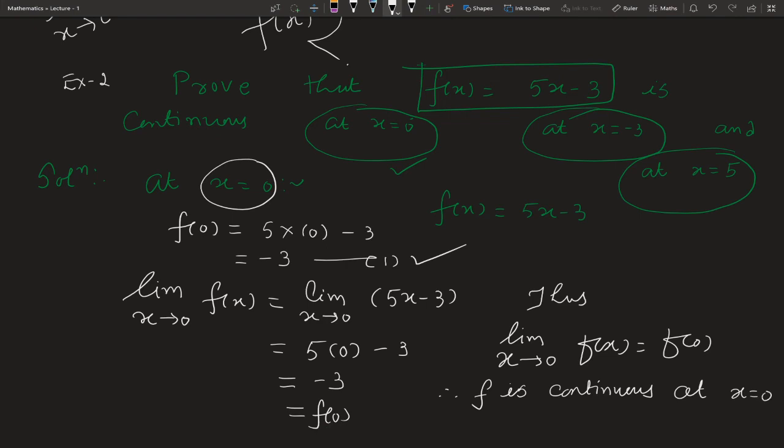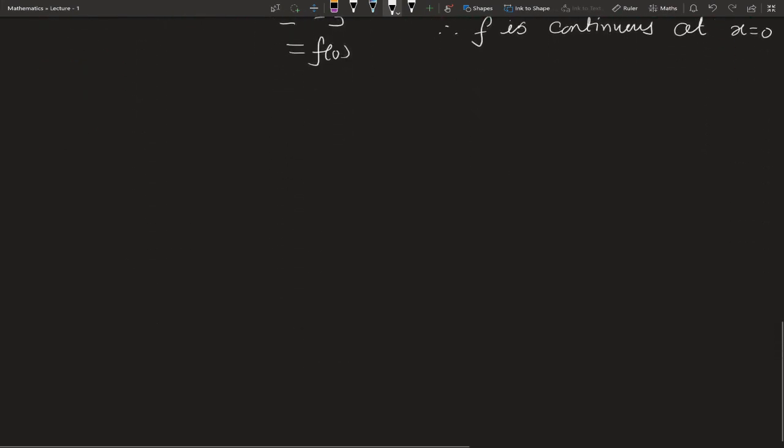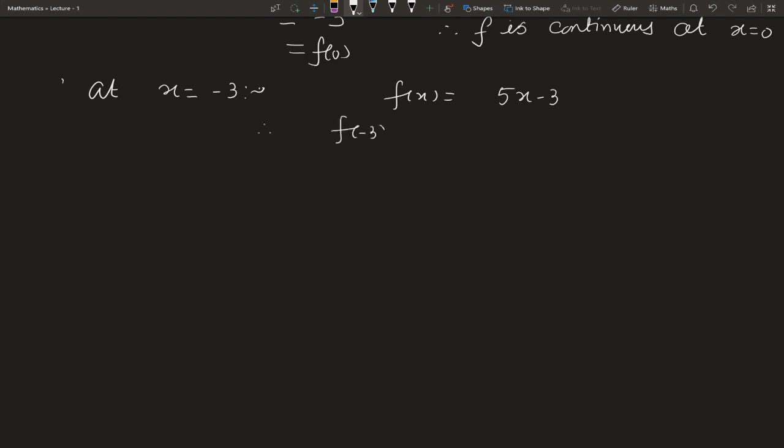Similarly, let us check continuity at x equal to minus 3. The value of the function f of x is 5x minus 3. Therefore, f of minus 3, put x equal to minus 3 in the definition.